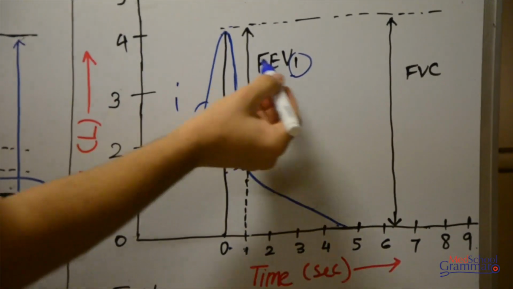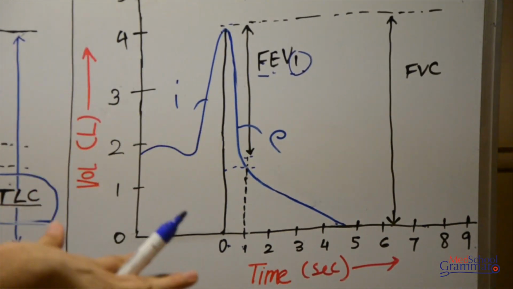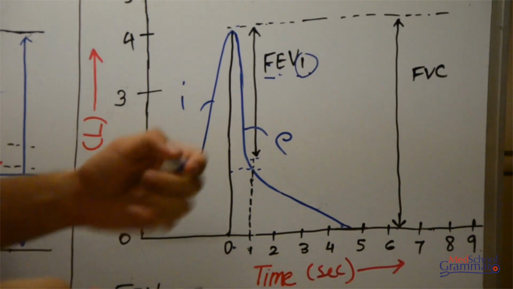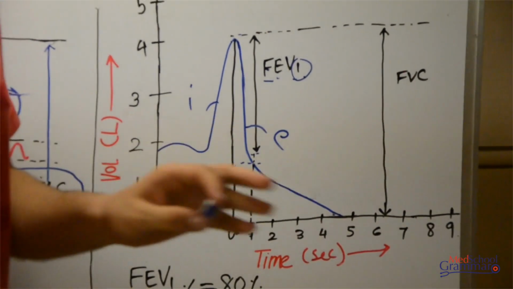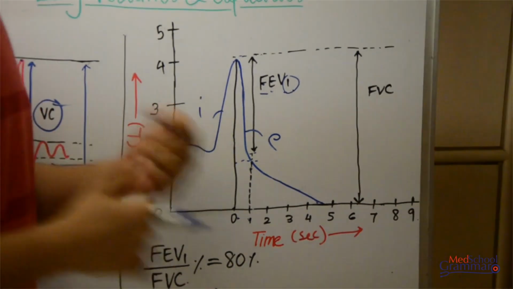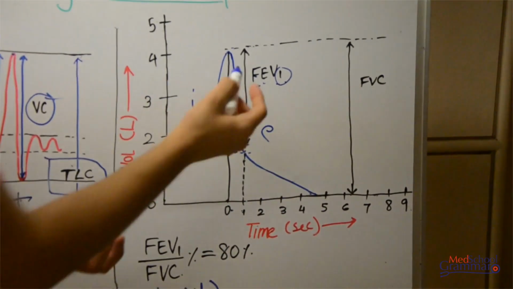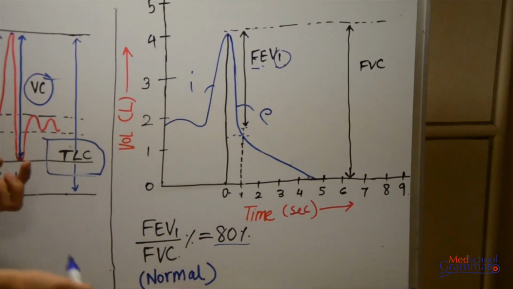That is FEV1, and in a healthy individual, FEV1 ranges from 72 to 85%. But if you have to say just one value for it, it's approximately 80%. What does this mean?